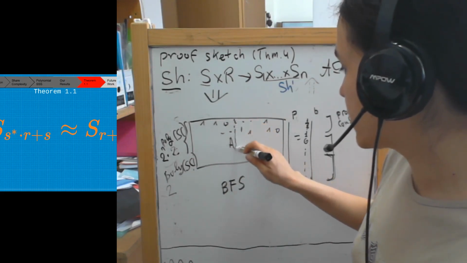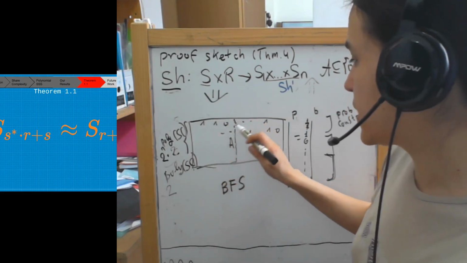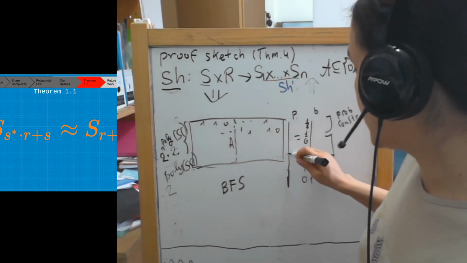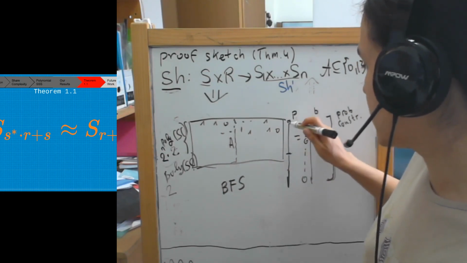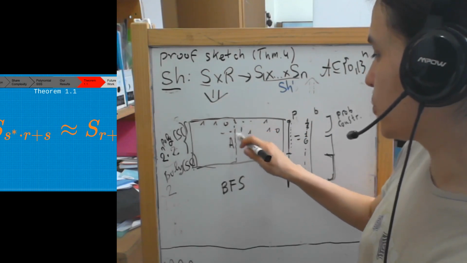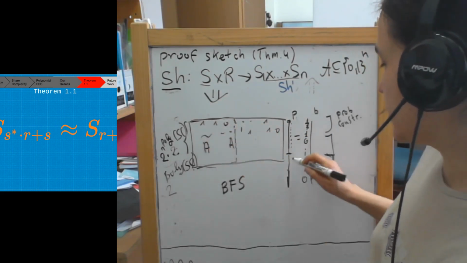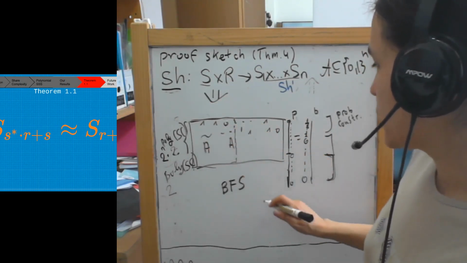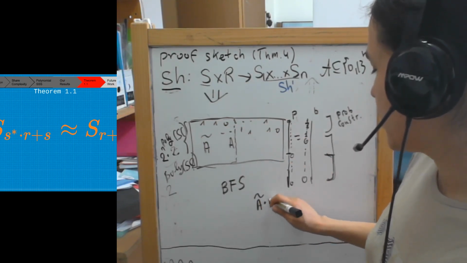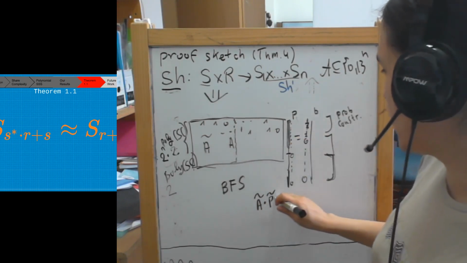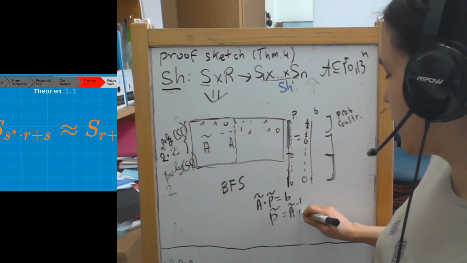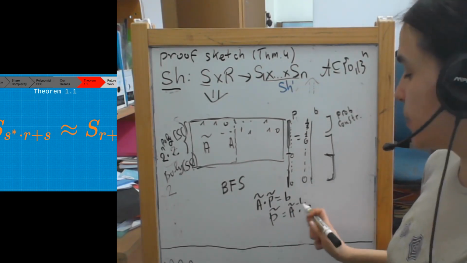Let us take some submatrix of A, which is square and non-singular, and the corresponding basic feasible solution has possibly non-zeros in the entries corresponding to the columns of this A tilde, and zeros elsewhere. So this basic feasible solution satisfies A tilde times this P tilde equals B. So P tilde is A tilde inverse times B.